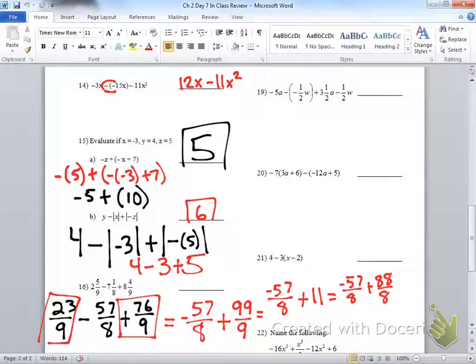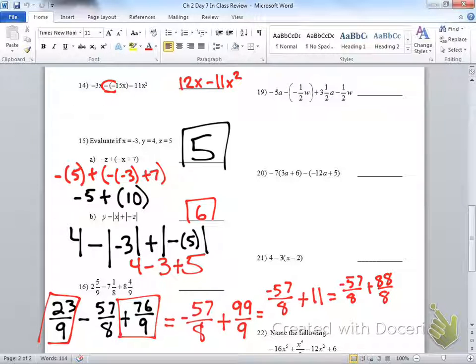Do you guys agree with what I just did? Yes. So I changed the 99 over 9 to 88 over 8. Do you agree that those are both 11? And now I have common denominators, and I don't have to multiply 57 by 9, and that makes me happy.